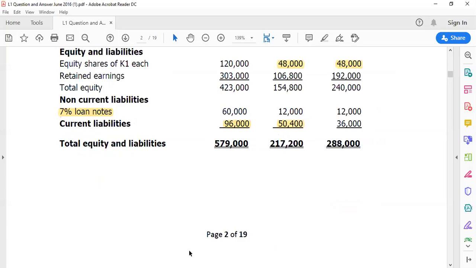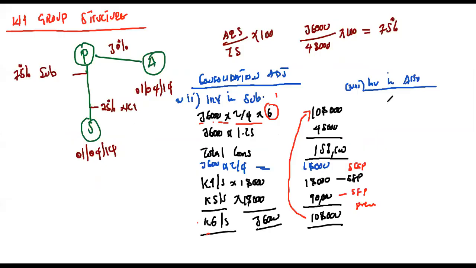Okay, so what do we do? We go to the associate. We look at the investment in associate. Usually I love doing this per last year associate. So we're going to say the cost for the associate. The cost here was how much? We have 48,000 shares. We multiply by 30%.